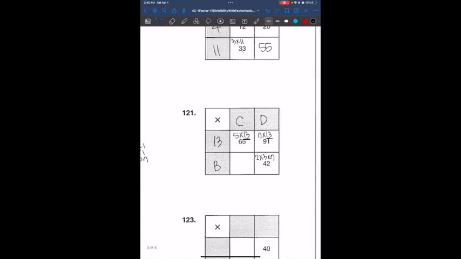So eventually that tells us that C has to be 5 and D has to be 7, based on 65 and 91. Then we know that 7 times B must be equal to 2 times 3 times 7. So B must be equal to 2 times 3, which is 6. And so this missing square is going to be 6 times 5, which is 30.